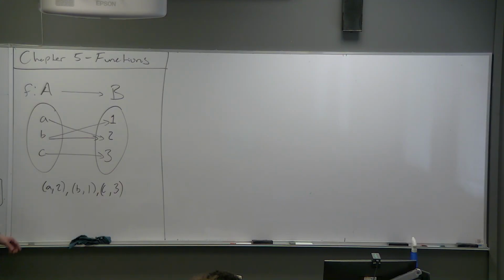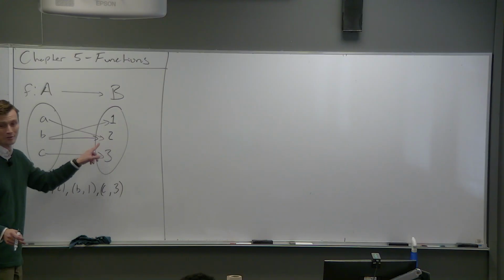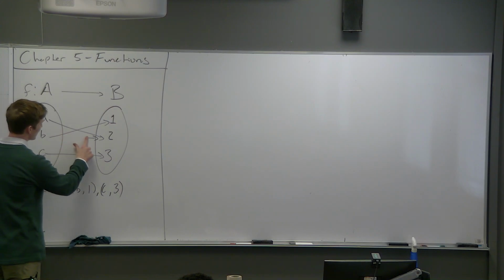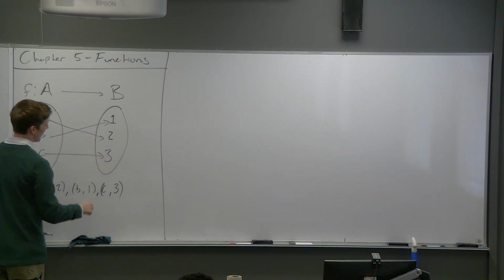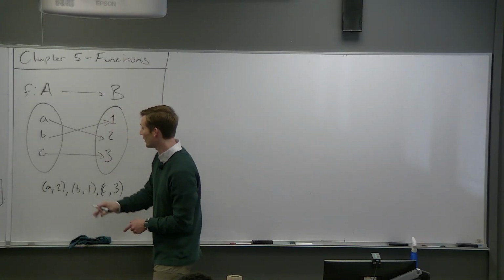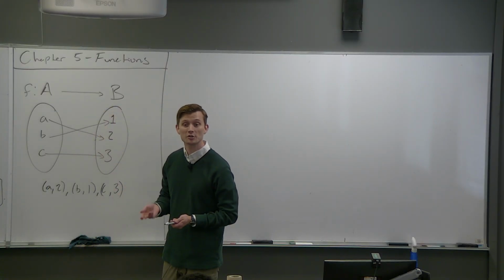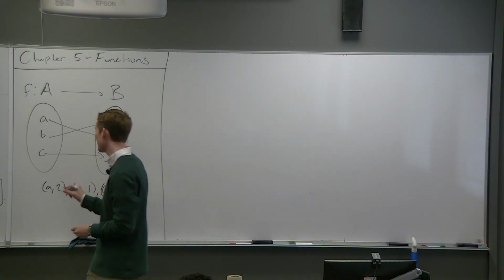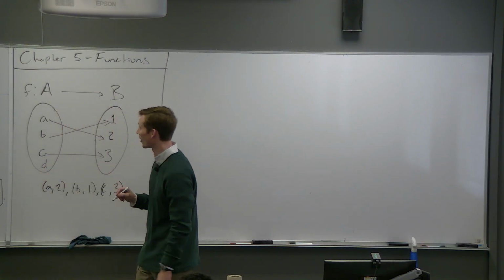If you have something like this, then it says B gets sent to both 1 and 2. No good. Functions are the particular types of relations where everything on the left has but one arrow pointing out of it. That is, if I added a D right here and did not have an arrow, I would no longer have a function.